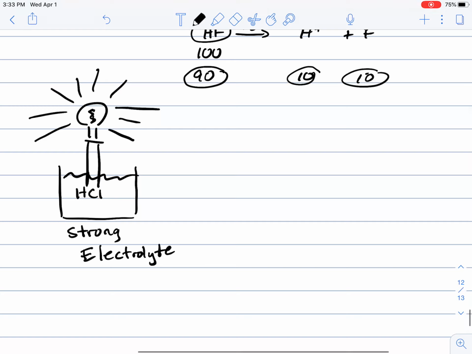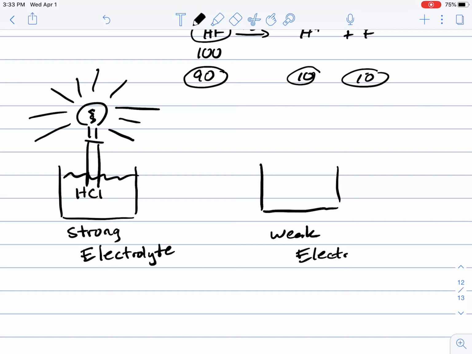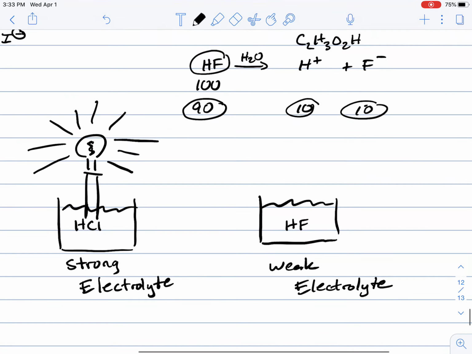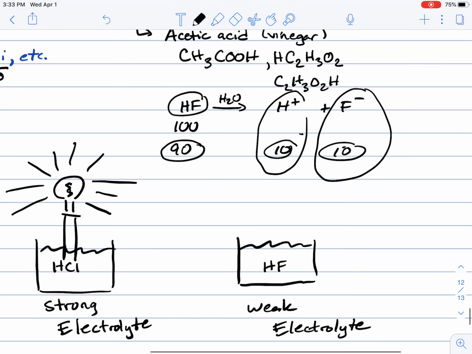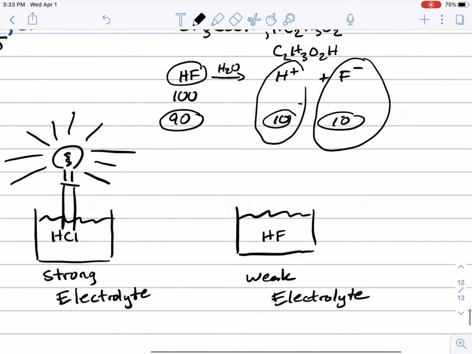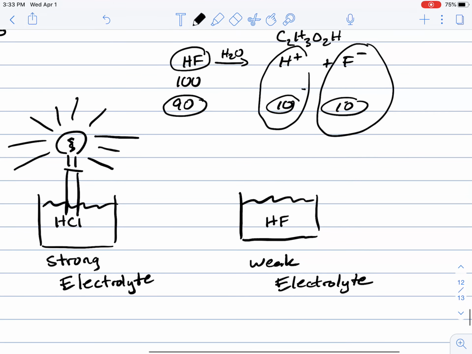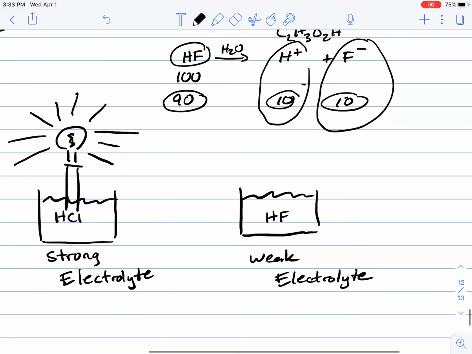And if you were to compare that to a weak electrolyte, for example HF, since only a small amount of the reactants dissociate to produce the products, you have only a small amount of ions with a full positive and full negative charge.